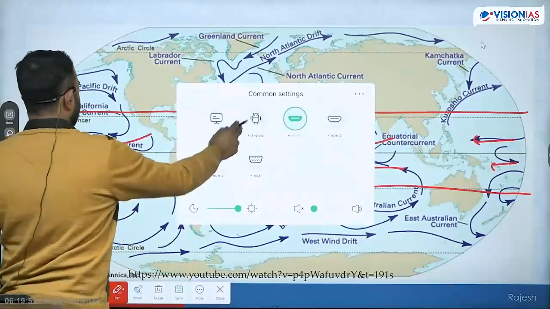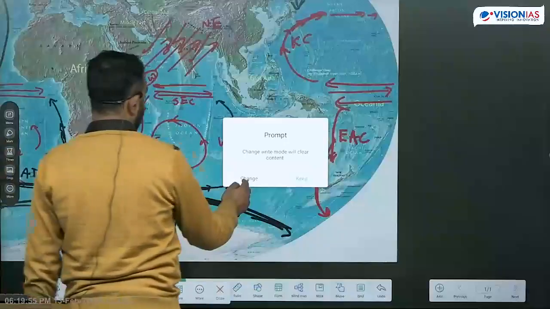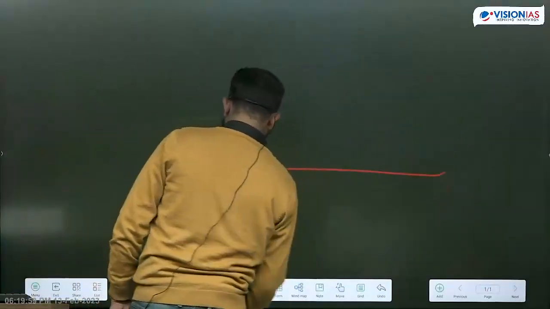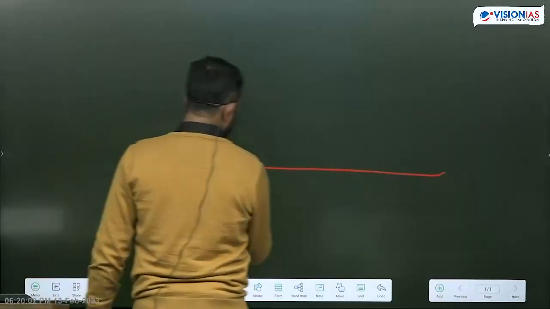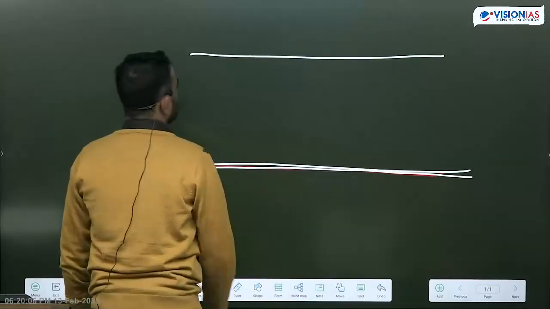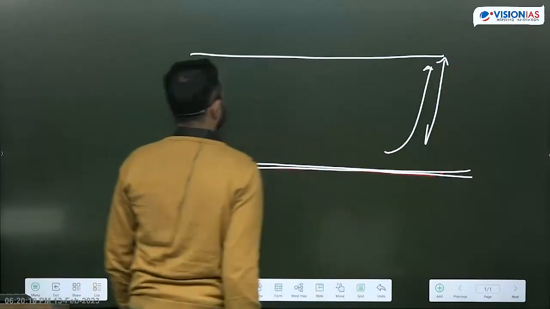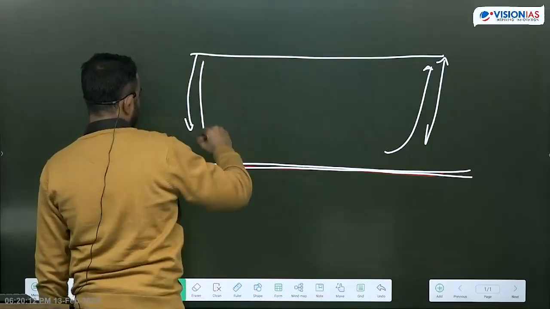Cold current भी होगा, so at the same time there is also a phenomenon of upwelling. What do you mean by upwelling and downwelling? If this is the surface, and let's say this is the bottom and this is the surface waters. In some parts the water rises from bottom to top. In other parts the water sinks from top to bottom.